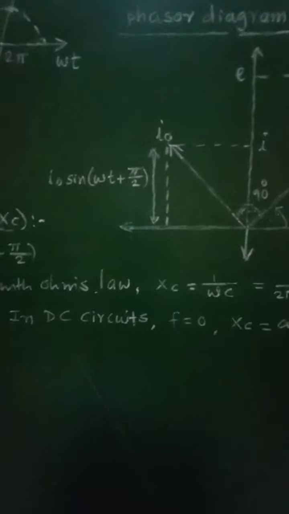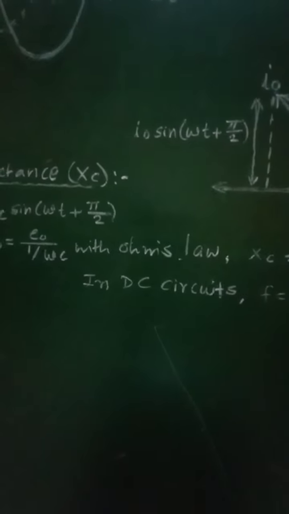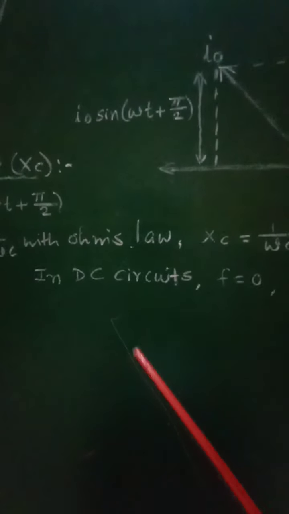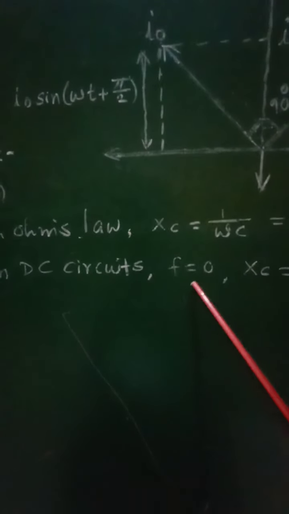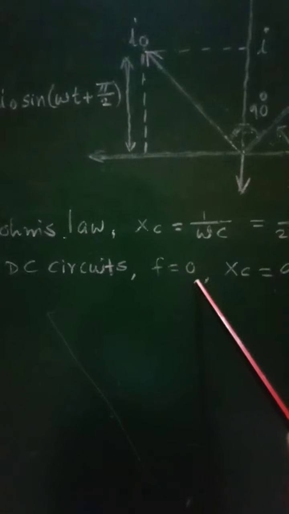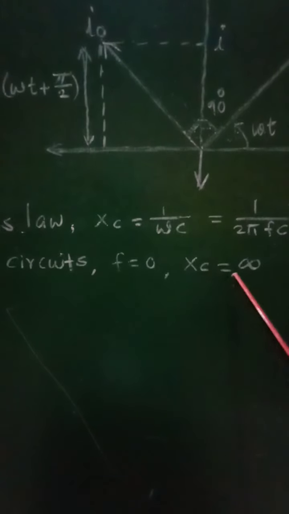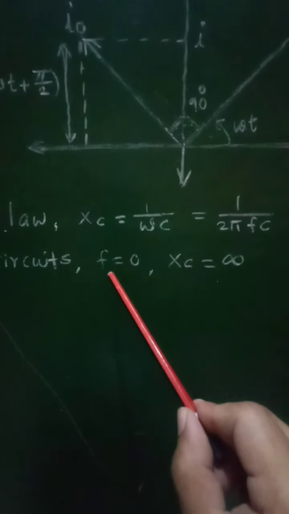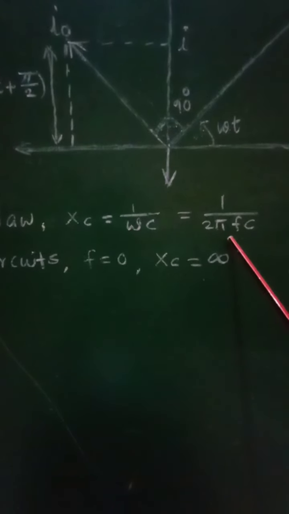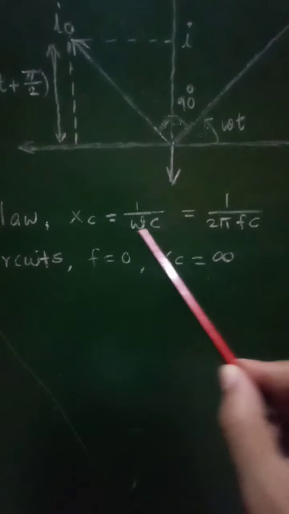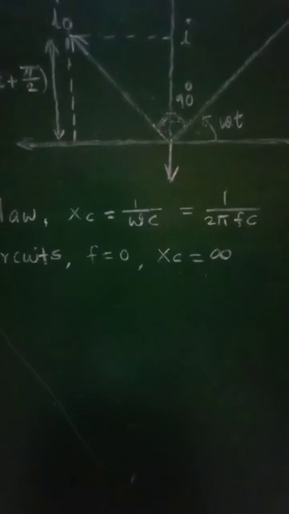Now, if you consider DC circuits instead of AC circuits, for DC circuits we know that frequency f is equal to 0, and therefore Xc will be equal to infinity, because if you put the value of f equal to 0 in this relation, then Xc will be infinity.